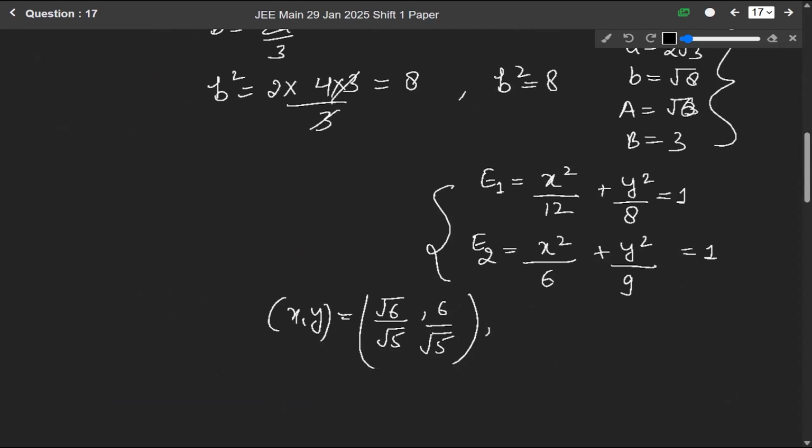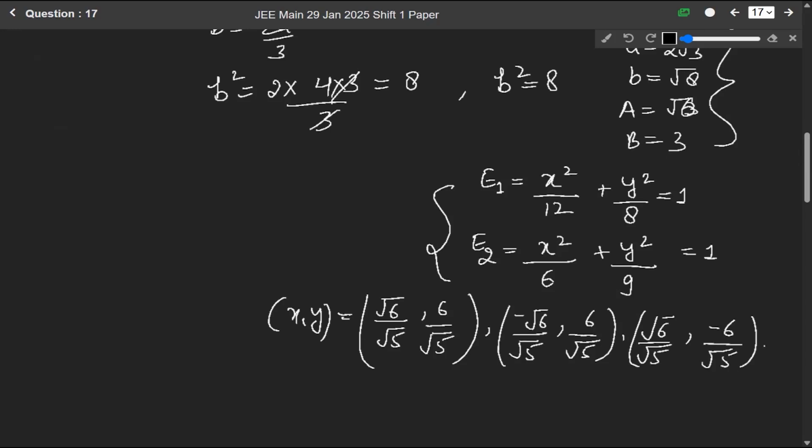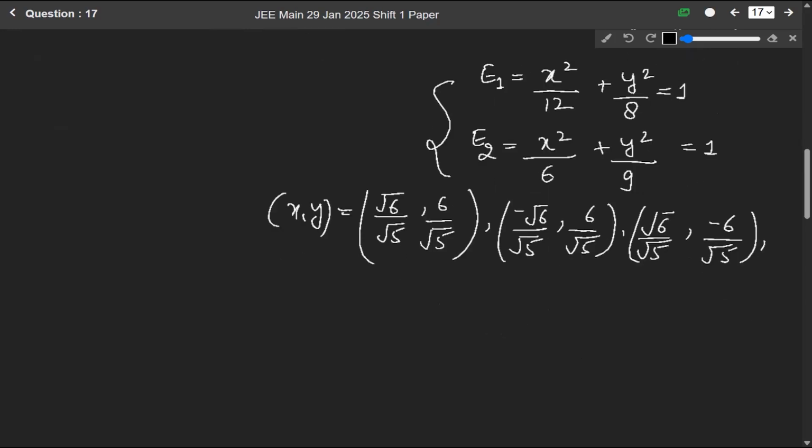The solutions are minus root 6 over root 5, comma 6 over root 5, and root 6 over root 5, comma minus 6 over root 5, and lastly minus root 6 over root 5, comma minus 6 over root 5.